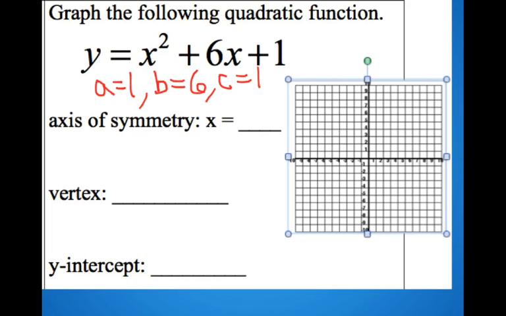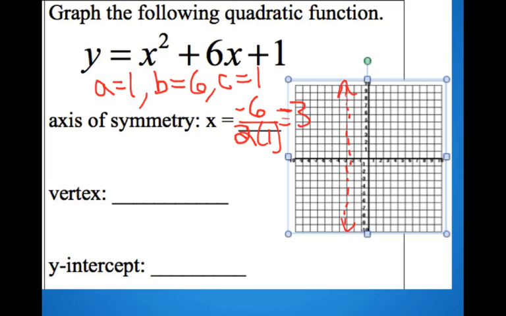So the opposite of 6, or the opposite of b, so opposite of 6 over 2 times the a, 2 times the 1, so that would be negative 3. So we have a vertical asymptote, or I'm sorry, axis of symmetry, right here at x equals negative 3.